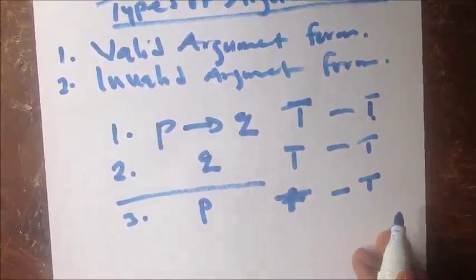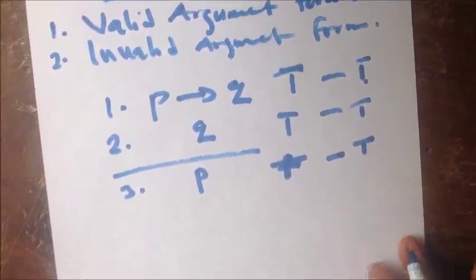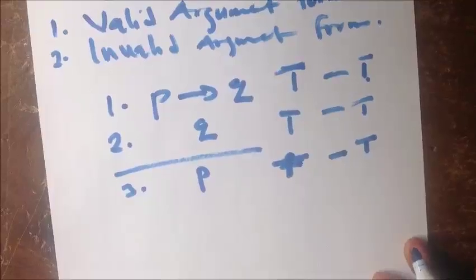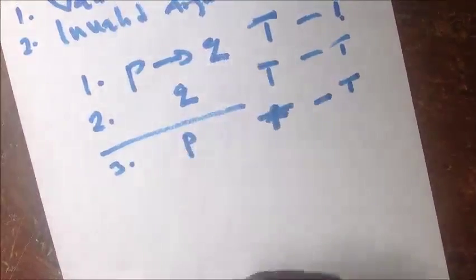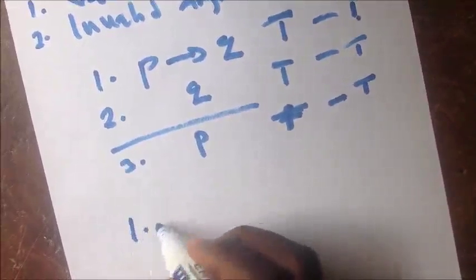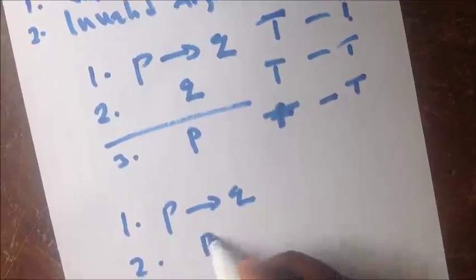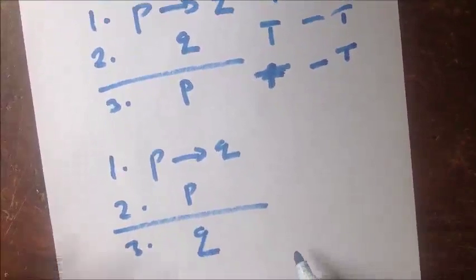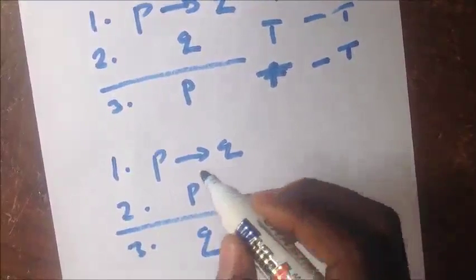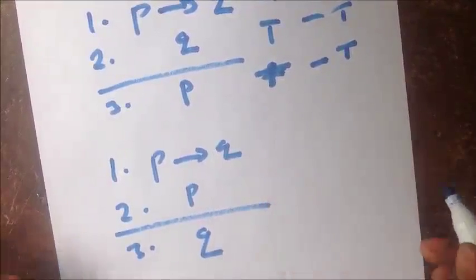Then when we're talking about the invalid argument, this is the kind of argument that has at least one invalid instance. Meaning, we can take this as an example: we have P if and only if Q, number 2 is P, therefore number 3 is Q. Now, what is the invalid argument form saying?